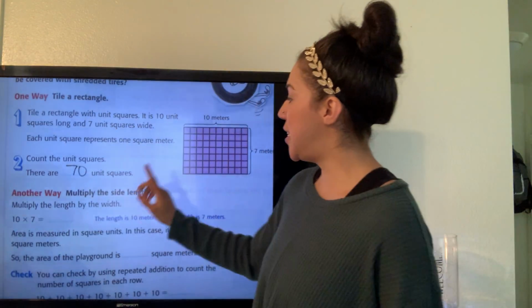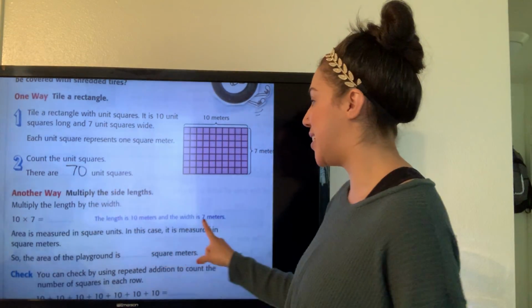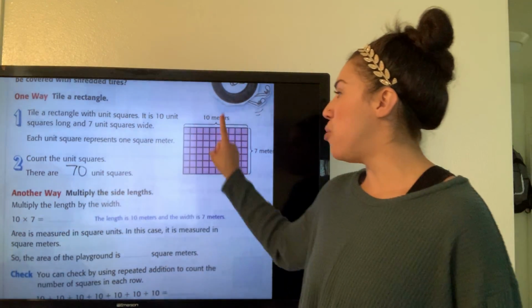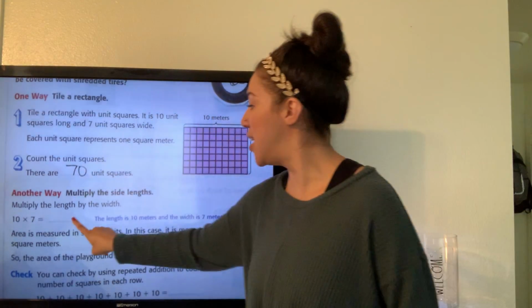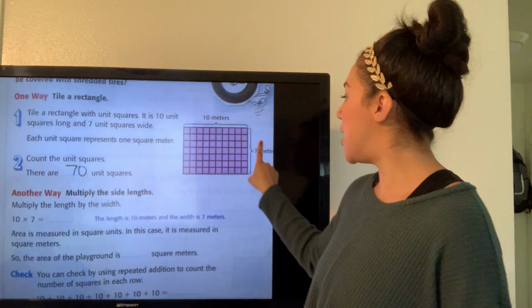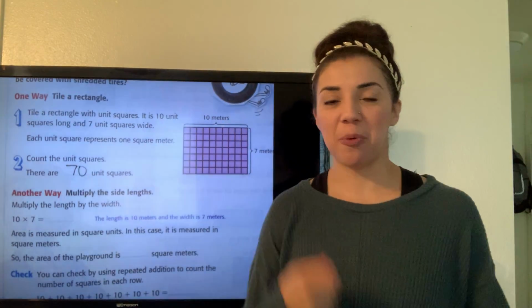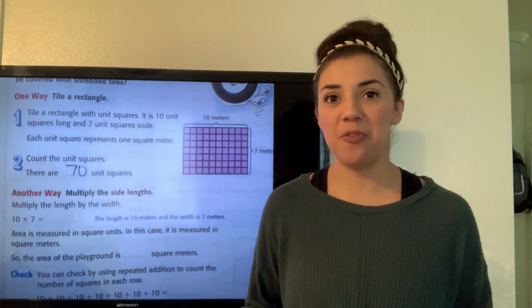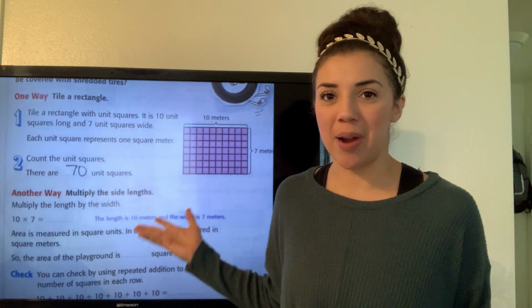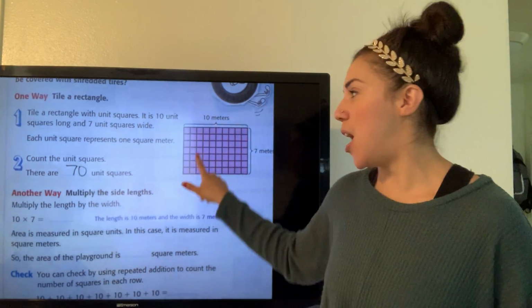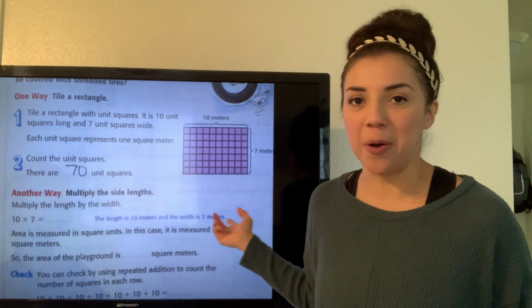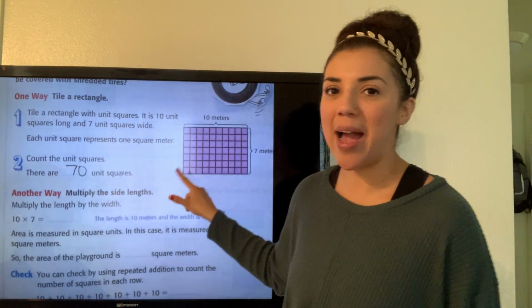So another way to do this is to multiply the side lengths. So multiply the length by the width. So that would be 10 times 7, okay? Going back to arrays, because it's something we've already done before, that's exactly what we do with an array, right? We multiply the top number by the side number, or in this case, the length by the width.